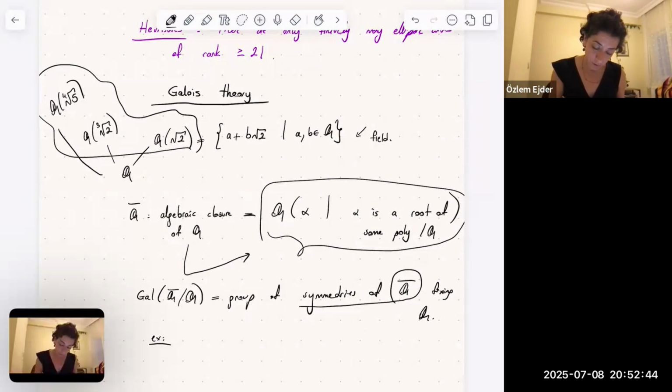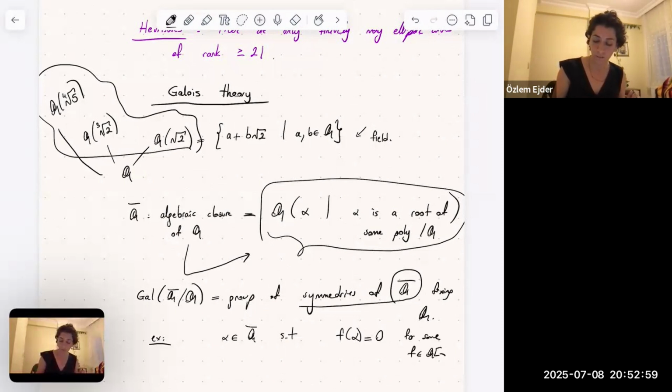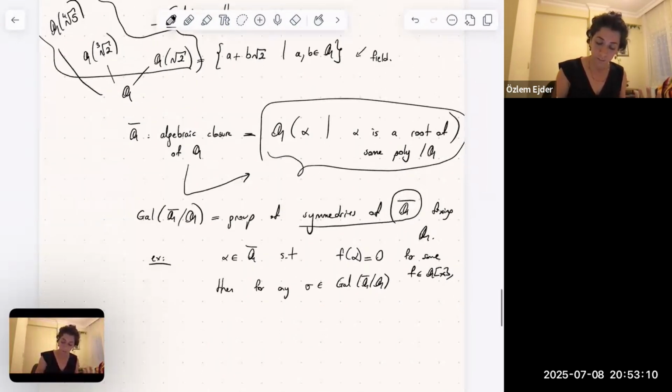Basically, if you have some alpha in here so that f of alpha is 0 for some polynomial f, then if you take an element sigma of this Galois group, the sigma just takes this element to another root of this polynomial.